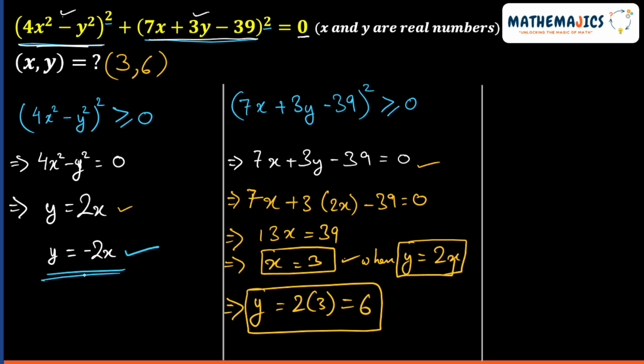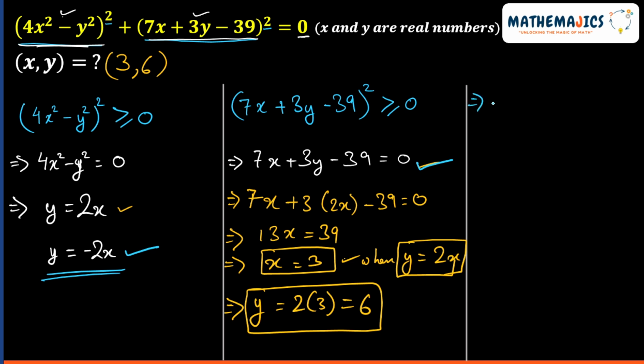Yes, let's try this. Let's substitute y equals negative 2x into this equation. This will give us 7x plus 3 times negative 2x minus 39 equals 0. If we solve this, what we will get? We will get x equals 39.